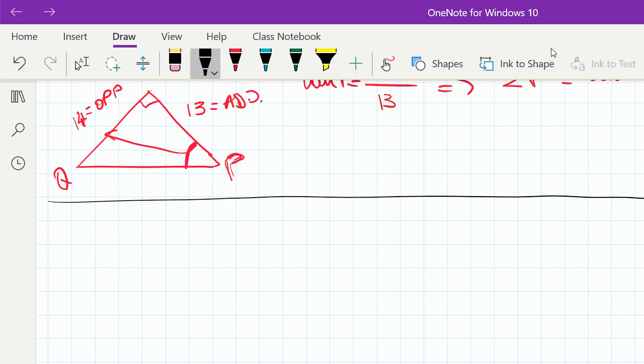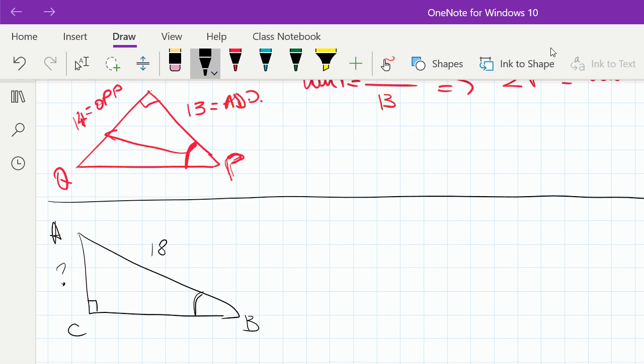So let's say the first case is, let's suppose that we have a right angle triangle ABC, and the side AB is 18, and we are looking for the side AC, knowing that angle B is 30 degrees.